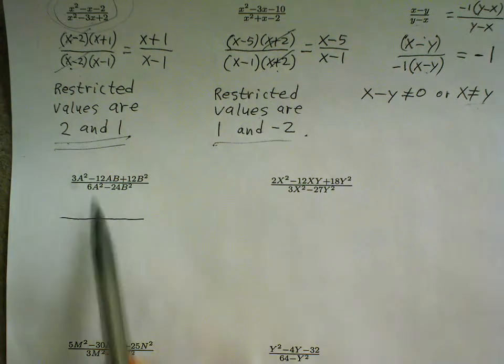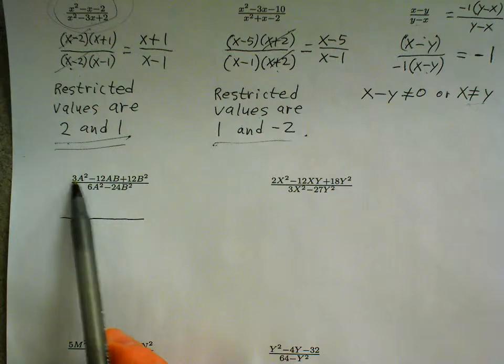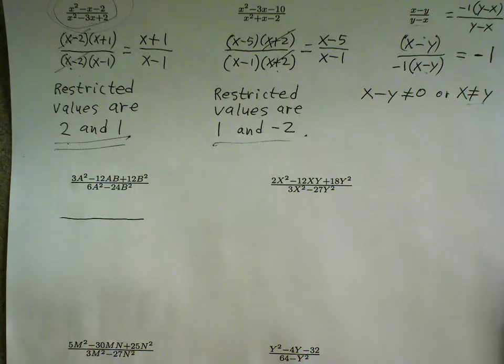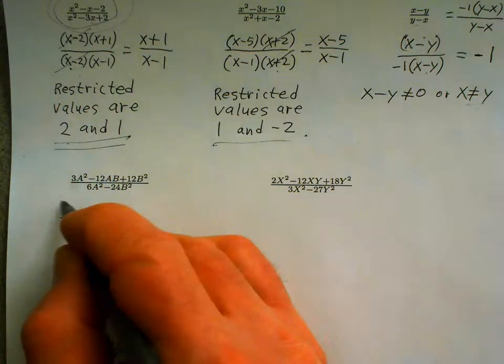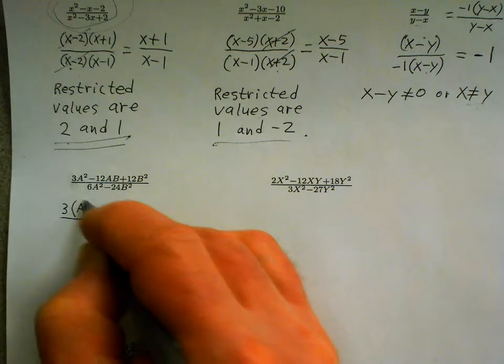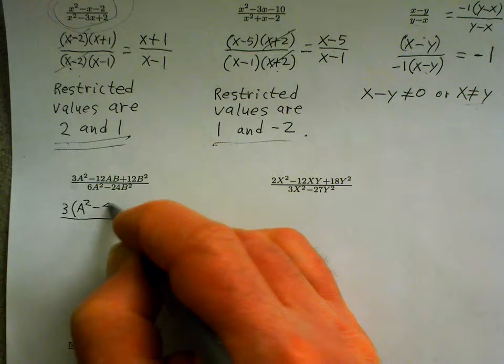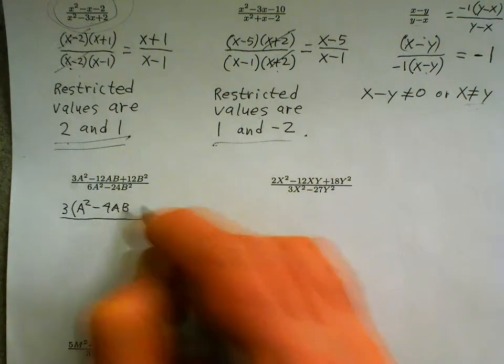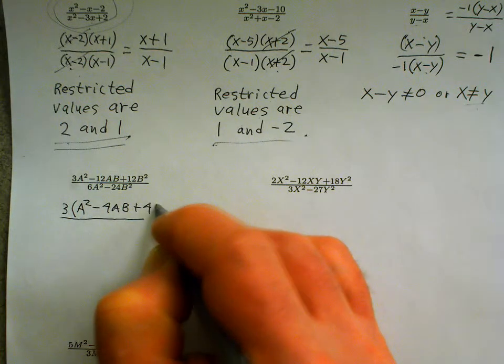Well, let's identify the greatest common factor of the numerator. The greatest common factor is 3, so we can factor 3 out, and we'll be left with a squared minus 4ab plus 4b to the second.